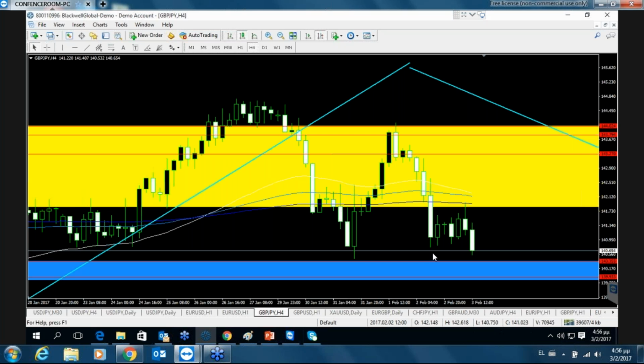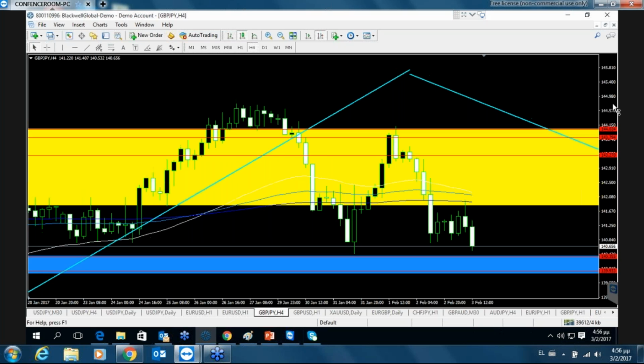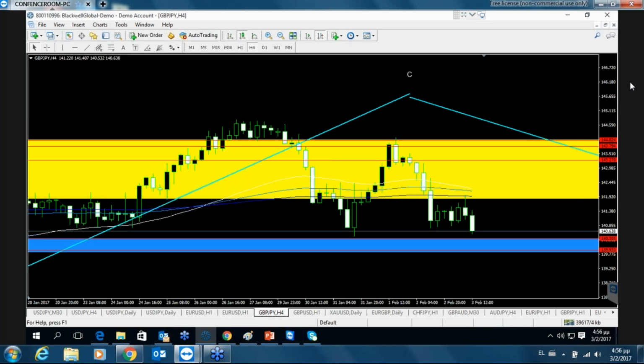It has already gone down quite a lot, so that is quite a potential A, B, C, D. You can easily have an A to B right there, C to D right there, and then B to C there.